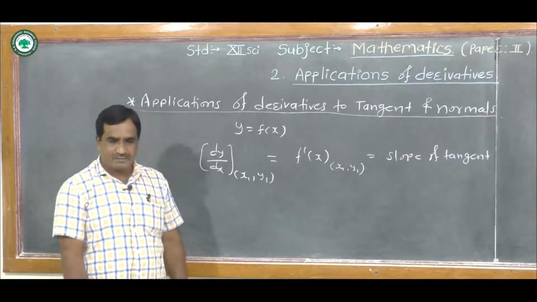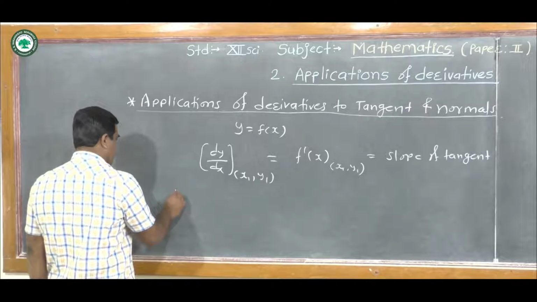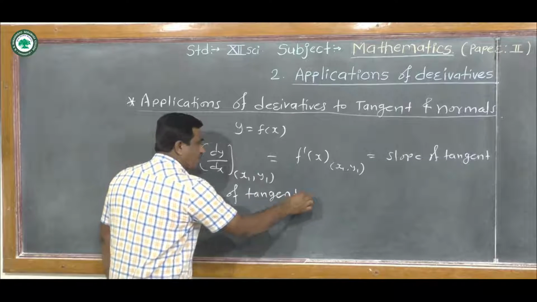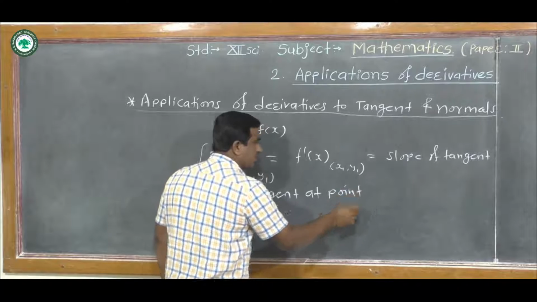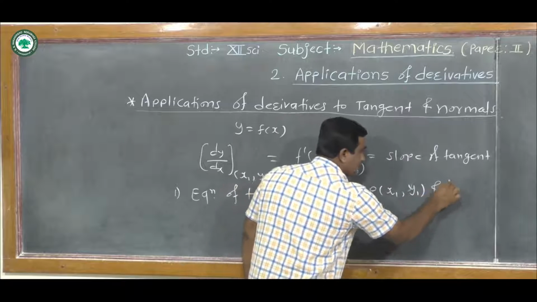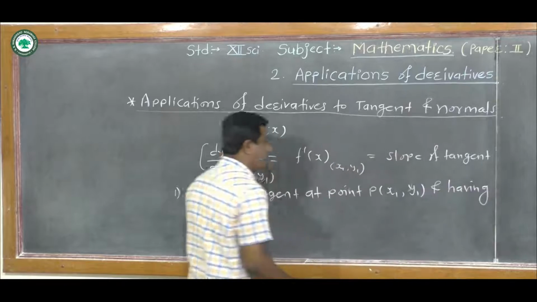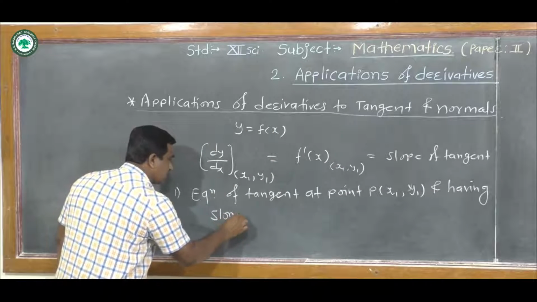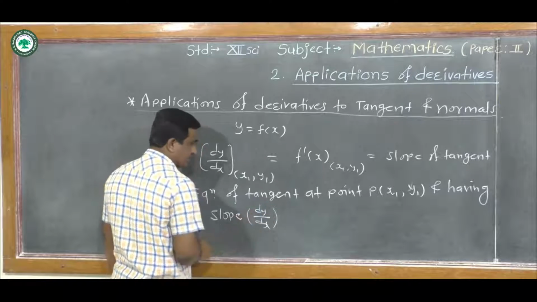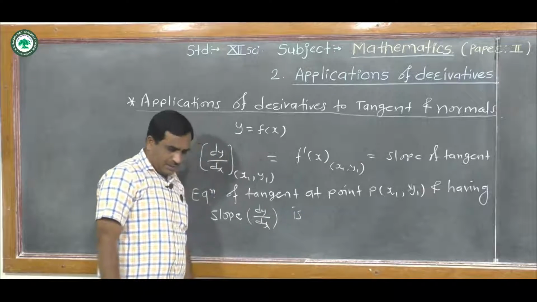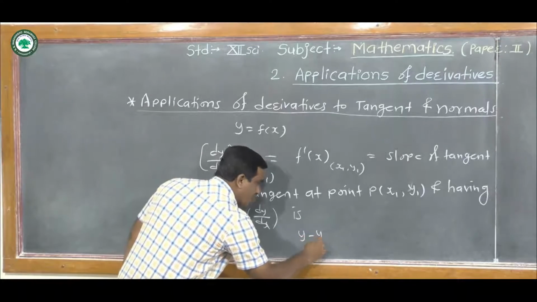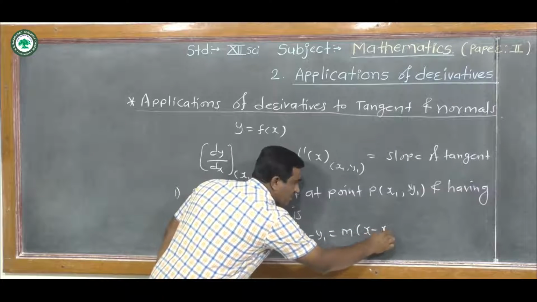Now if we take any point P on the curve and the slope of the tangent is dy by dx, then we can find the equation of the tangent at point P(x1, y1) having slope dy by dx, by using the formula for the equation of a line in slope point form: y minus y1 equal to m into x minus x1.